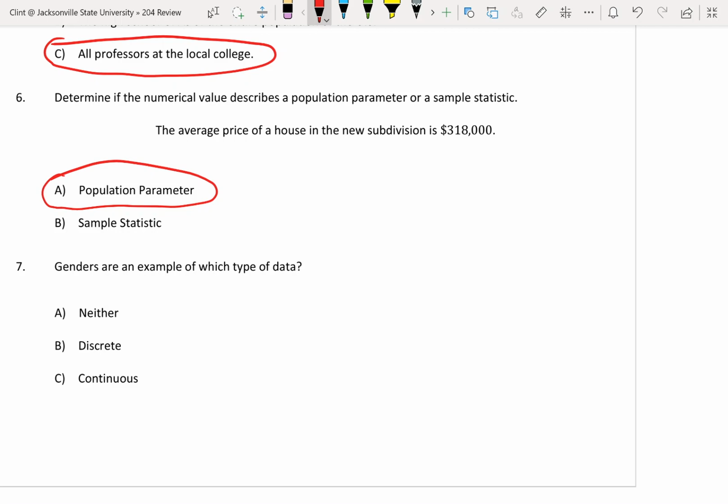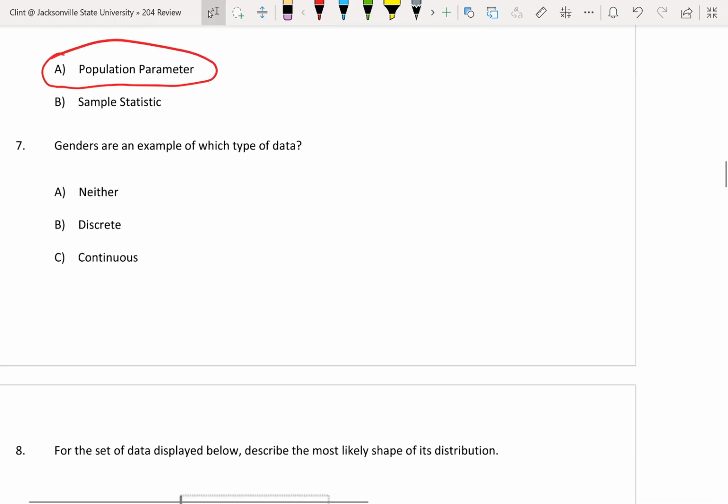You'd have to have some information telling you about a sample that was taken in order for it to be a sample statistic. Questions on that one? Anything I can do to help make it more clear? Sometimes they're a little confusing when they don't mention a sample.